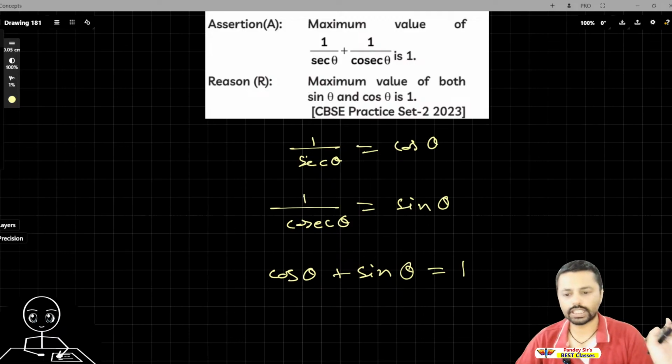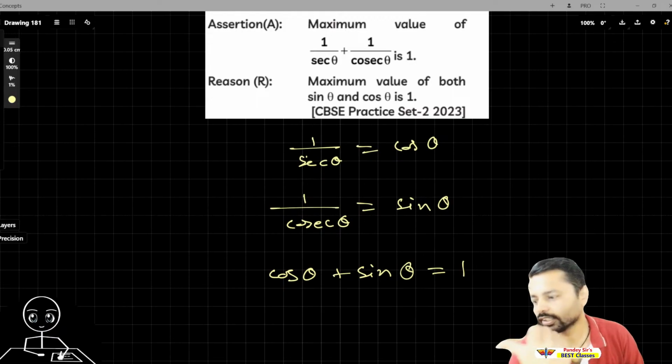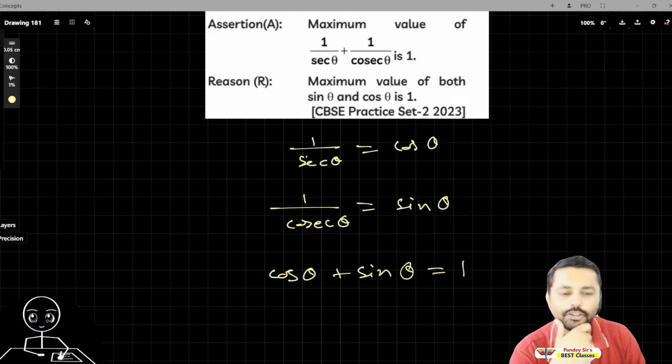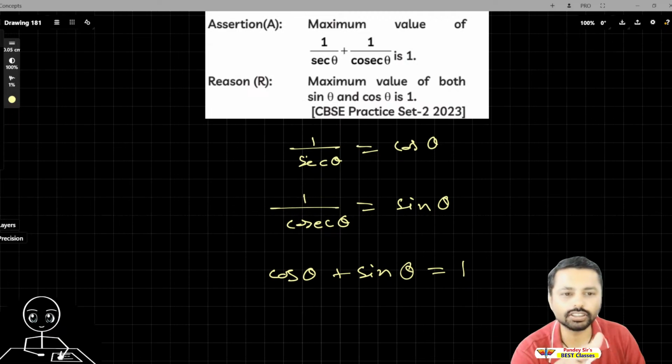Maximum value of both sin theta and cos theta is 1. Maximum value of 1 by sin theta plus 1 by cos theta is 1. What is the trick in this question? Can anybody guess? Can any of you help me? Because it seems 1 by sec theta is cos theta, and 1 by cosec theta is sin theta.